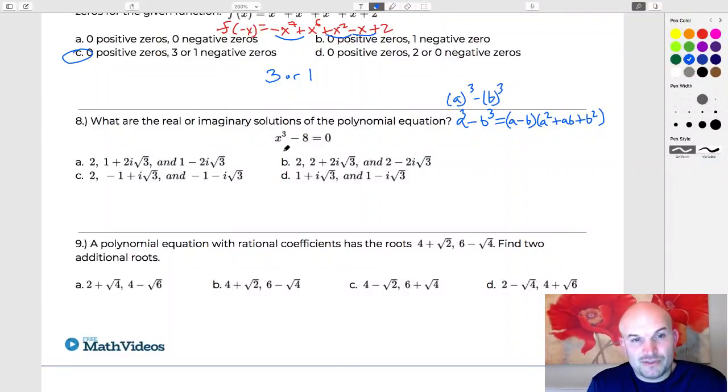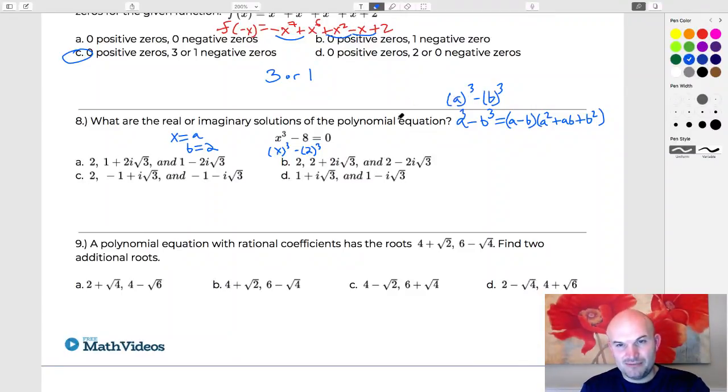Hopefully you can agree with me that I could just rewrite this as x cubed minus 2 cubed. In Algebra 2, we would practice multiple of these, and we'd say x is really a, and b is equal to 2, if you compare these two.